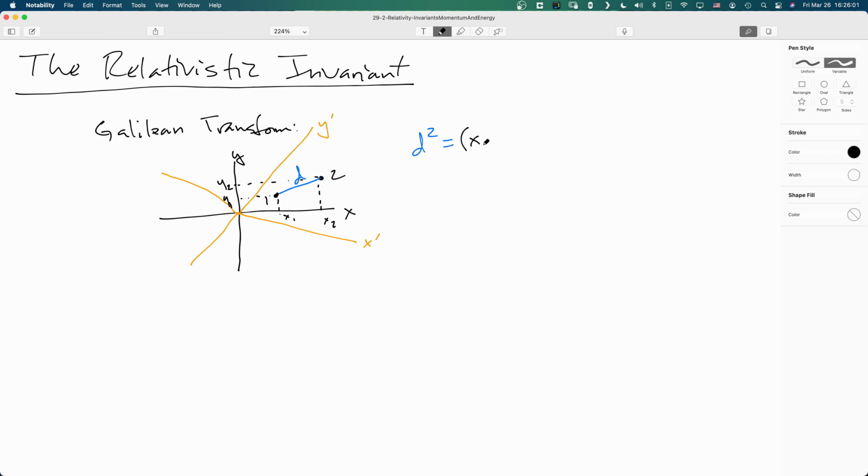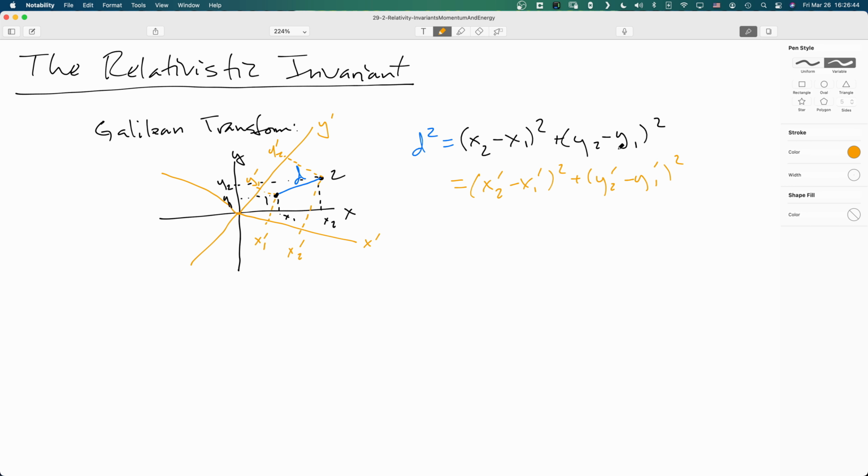So they would say x2 minus x1 squared plus y2 minus y1 squared by the Pythagorean theorem. S prime would do the same thing. They would measure their x coordinates, so this would be x1 prime, x2 prime, y1 prime, y2 prime, to get x2 prime minus x1 prime squared plus y2 prime minus y1 prime squared.